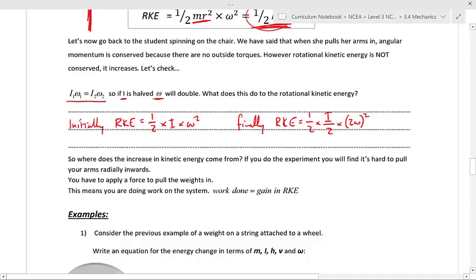If we expand out the brackets and simplify, we get a half times I over 2 times 4 omega squared. So we divide by 2 and multiply by 4, and that just cancels out. So that's equal to I omega squared. The initial one was half I omega squared, but the final rotational kinetic energy was I omega squared. So the rotational kinetic energy has doubled.